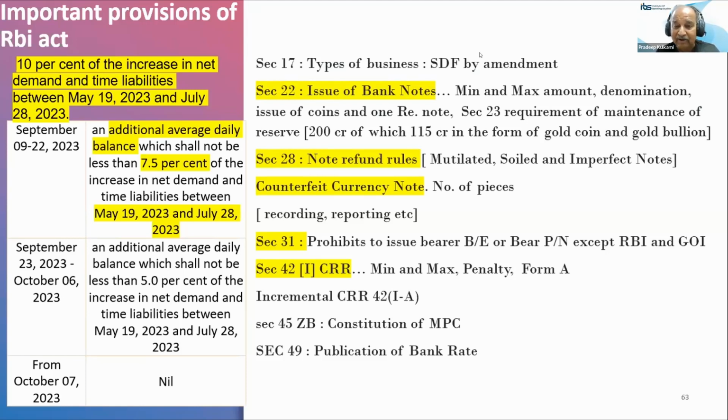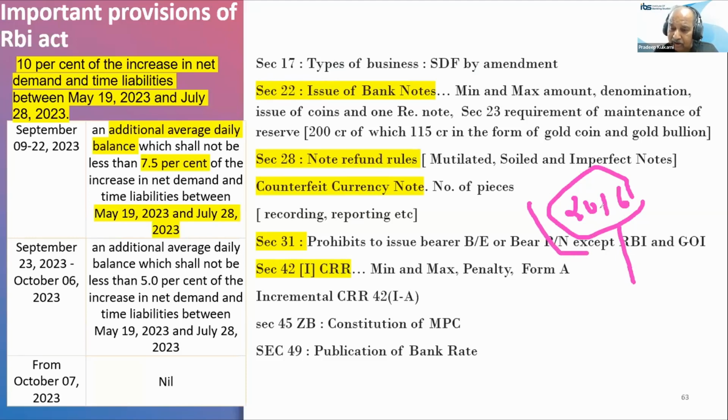What is meant by incremental CRR? See, for example, what happened in 2016? There was demonetization, and in the process of demonetization, banks were flooded with a lot of deposits. Bank deposits were growing enormously, and RBI knew this issue.